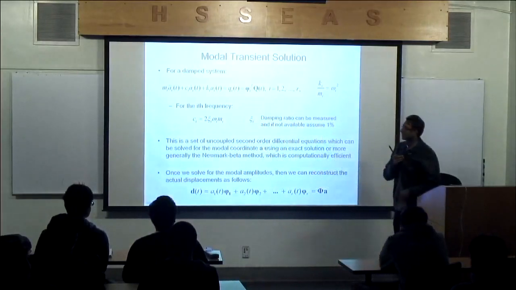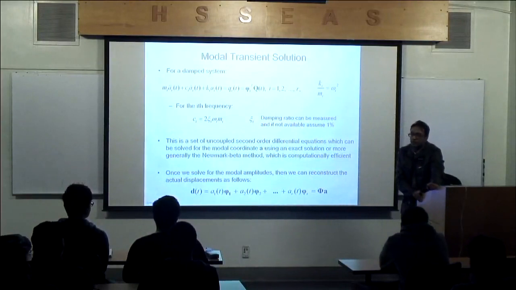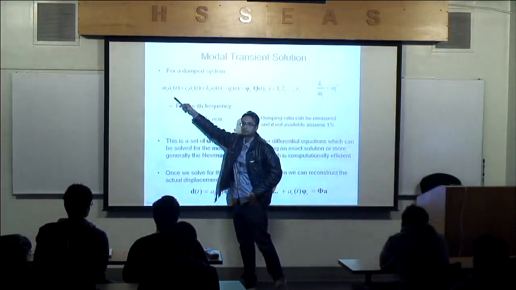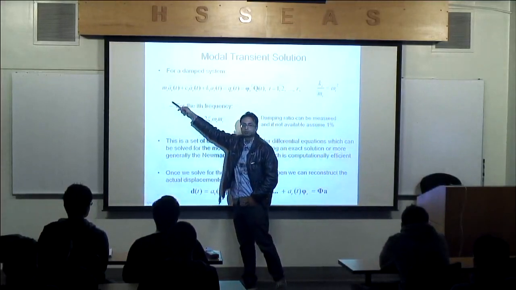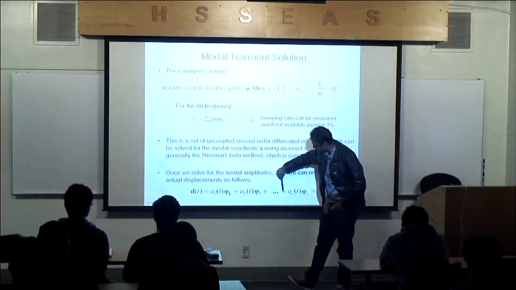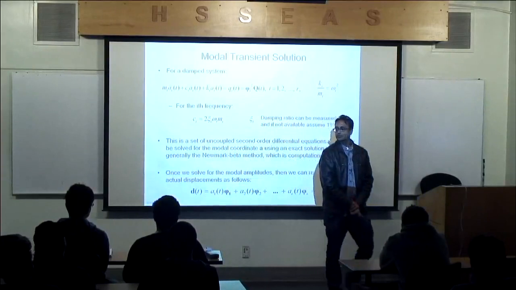This is a set of uncoupled second-order differential equations which you can solve for A. And if I know A, you agree that I can get A as a function of time? So if I know A and I know the phis, don't I know the deflection of that beam or the spacecraft?